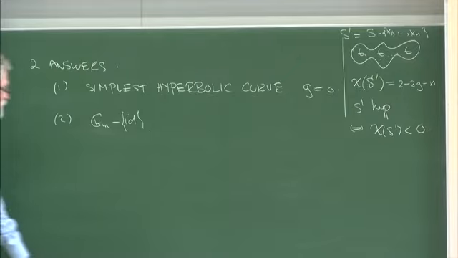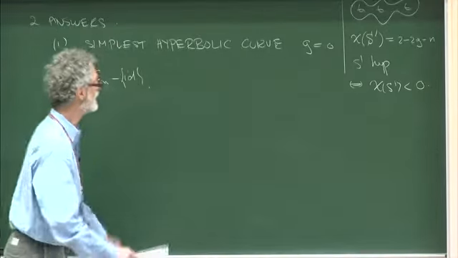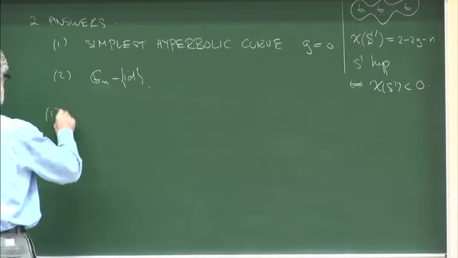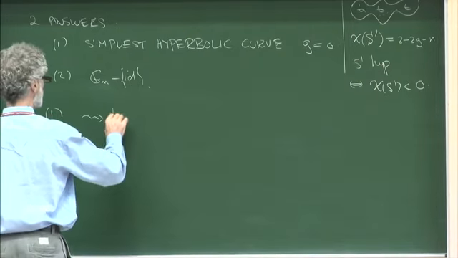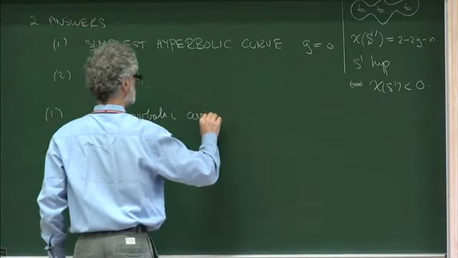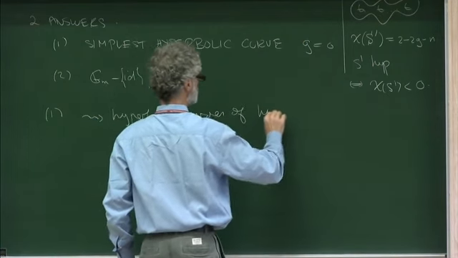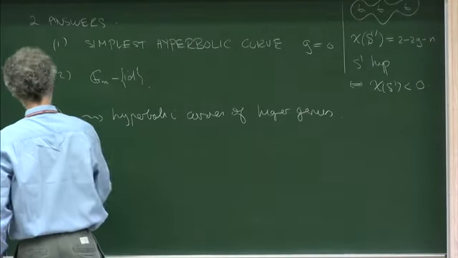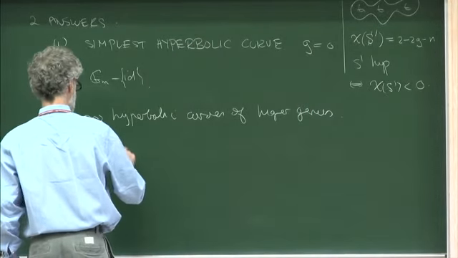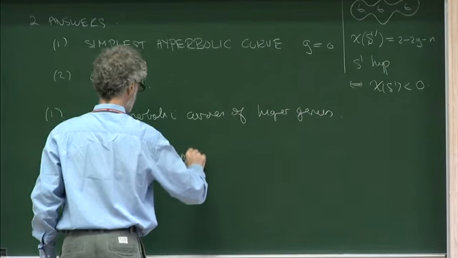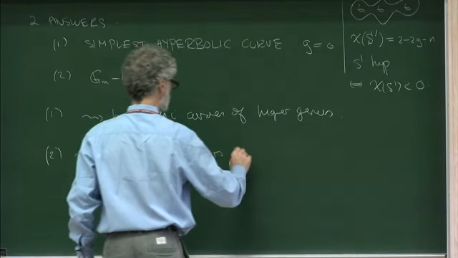in both talks. And so I want to say, how would you generalize these? One, you would think of hyperbolic curves of higher genus. And two would lead you to, say, varieties of higher dimension.